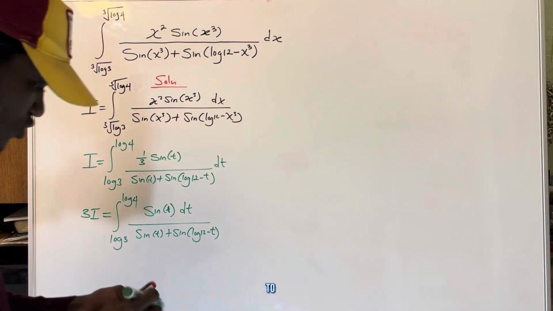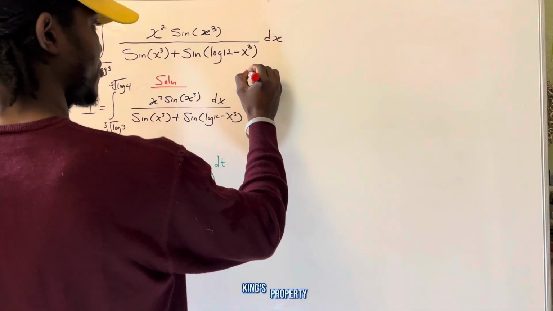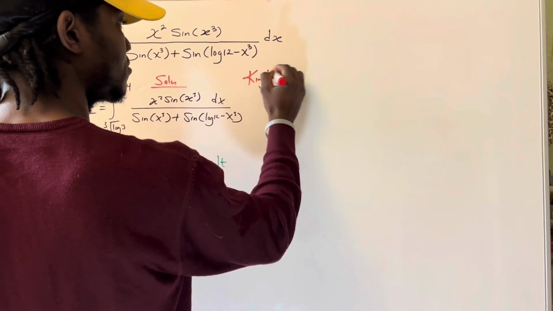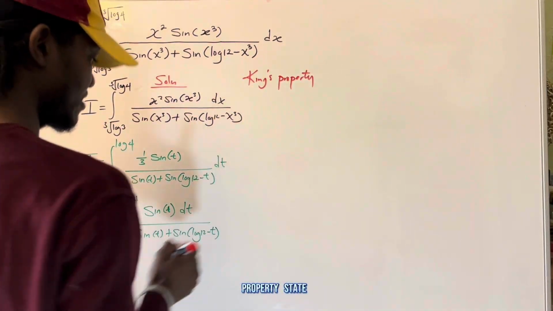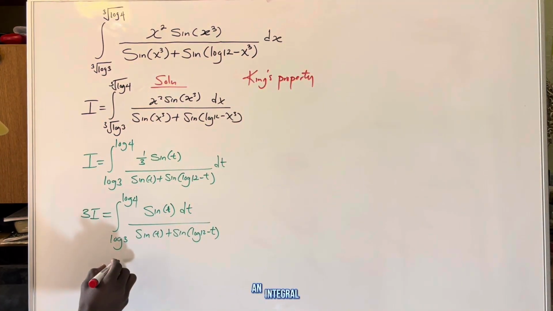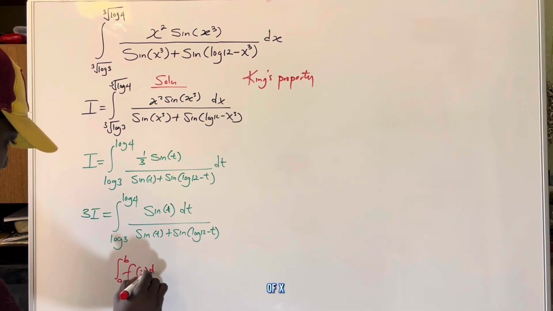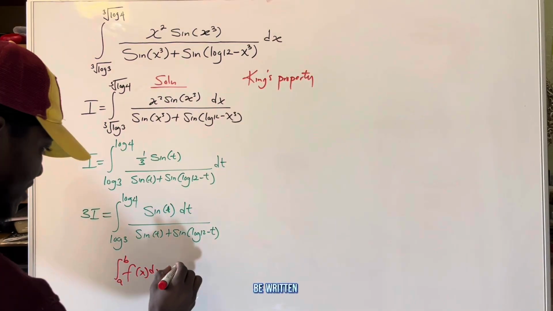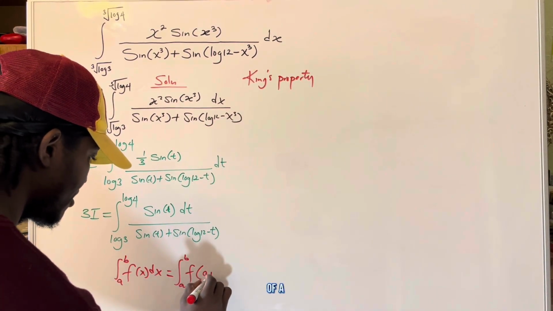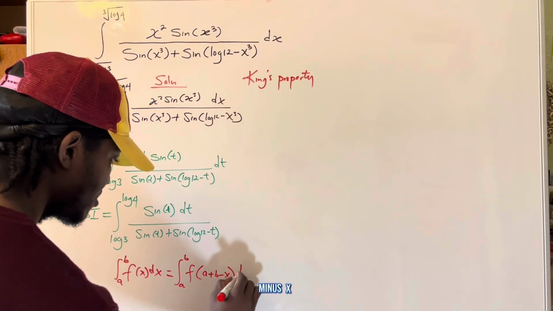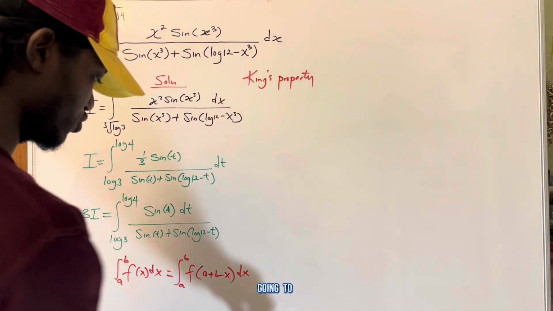Now, guys, what am I going to do next? I'm going to use a very famous property called the King's property. The King's property states that if we have an integral from a to b of f of x dx, this can be written as the integral from a to b of f of a plus b minus x dx. So this is what we are going to use, guys.